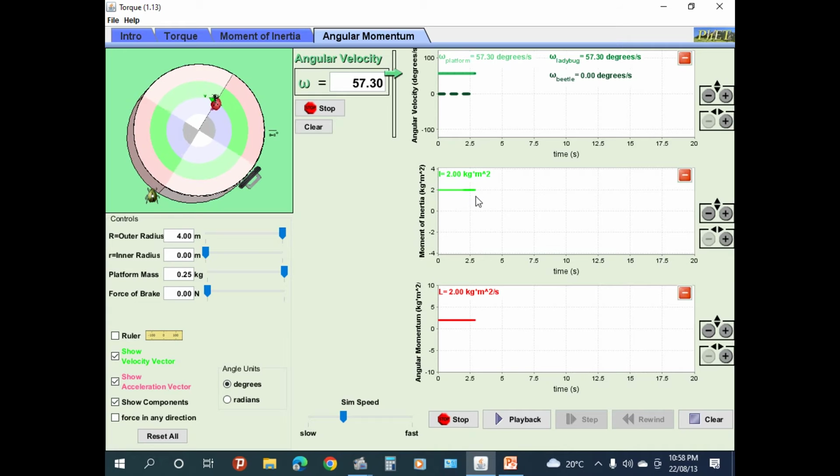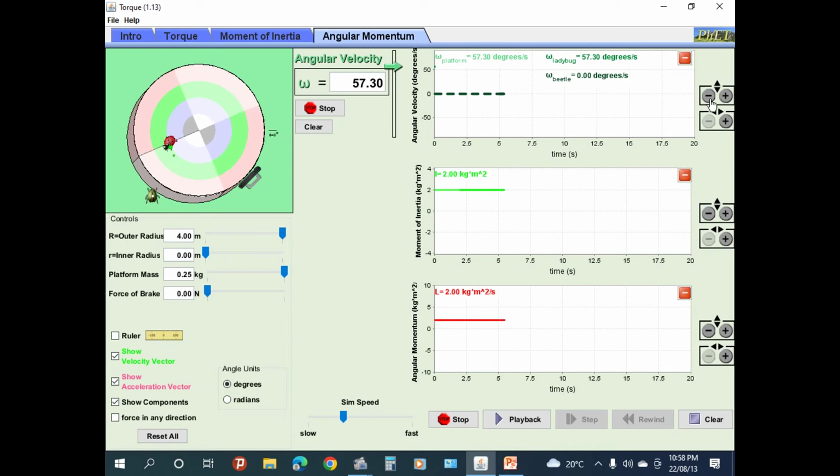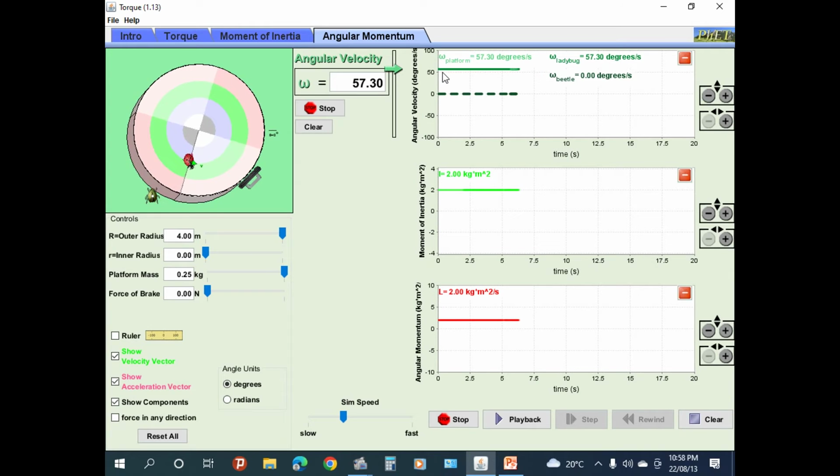The moment of inertia is 2, and the angular velocity is 57.3 degrees per second. The angular momentum L is equal to I times omega. I is 2, and omega is 1 radian per second.